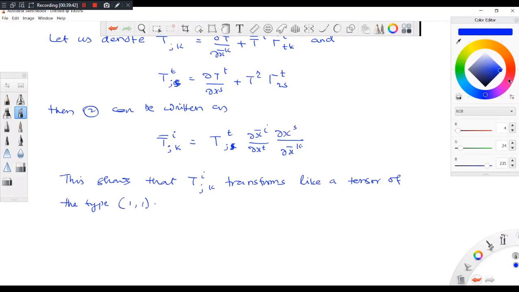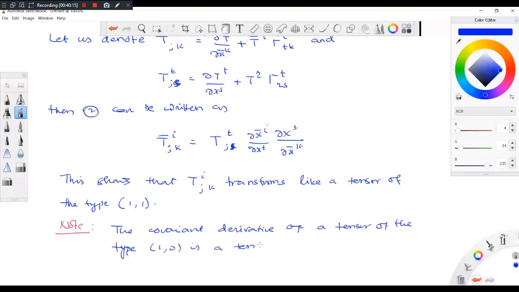So similarly, note that the covariant derivative of a tensor of the type 1 0 is a tensor of the type 1 1.